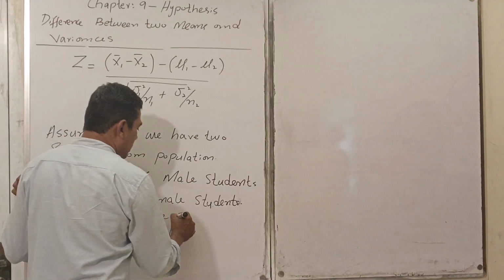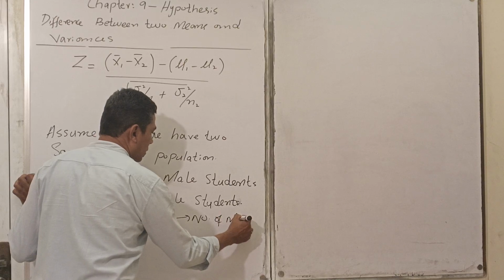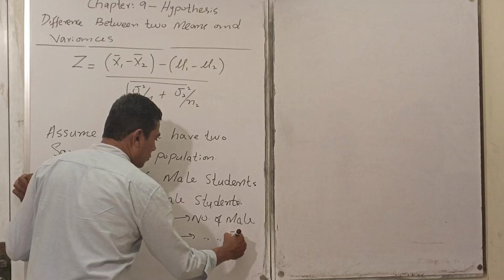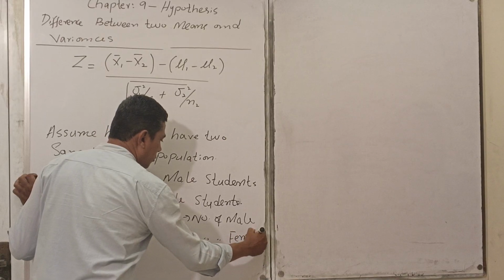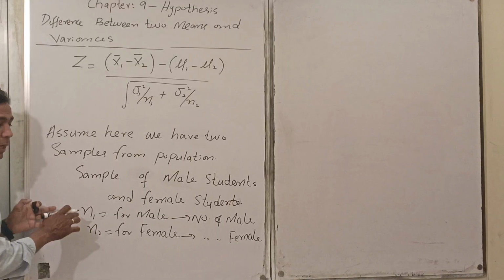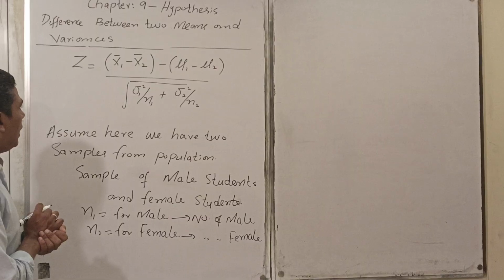What does it mean? Number of males, number of females. So n1 and n2 are the number of males and females in your sample.